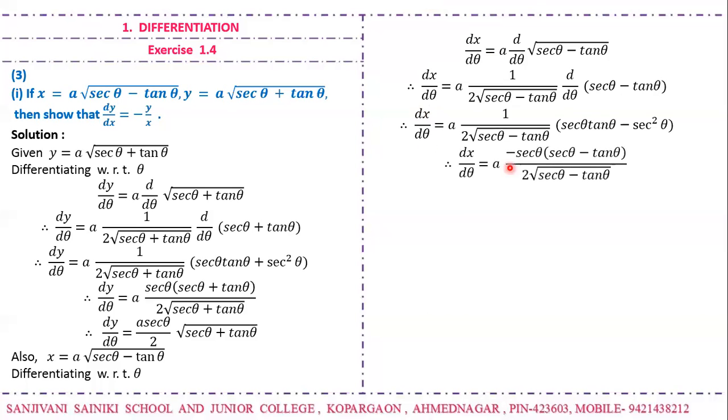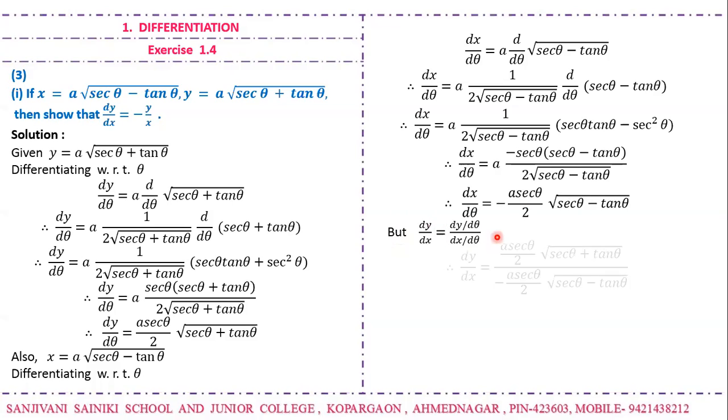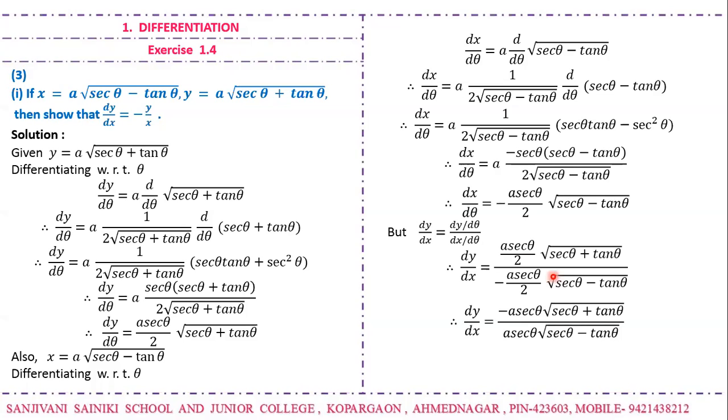Dx by d theta. So after simplifying you will get minus a sec theta by 2 into root of (sec theta minus tan theta). So use the parametric differentiation and then put the derivatives that we have found out just now, and put this in the equation and simplify it.